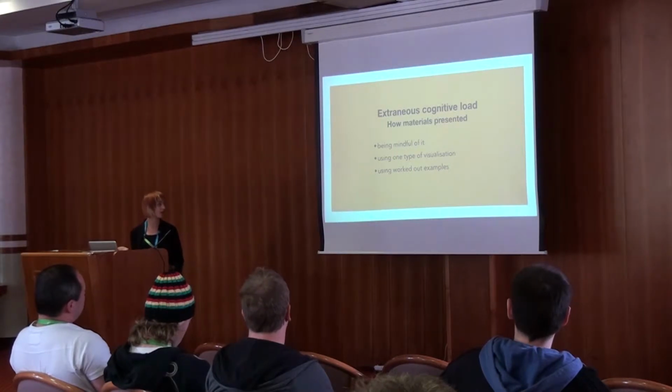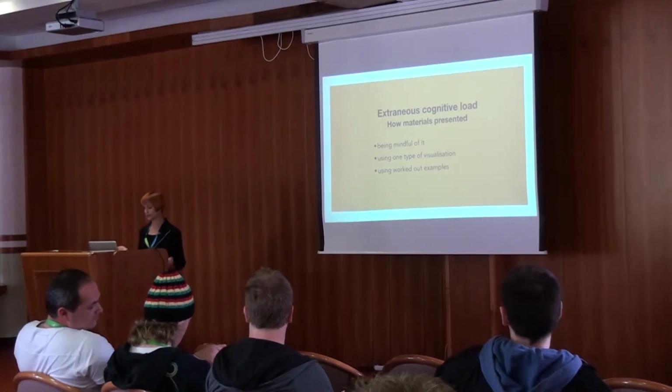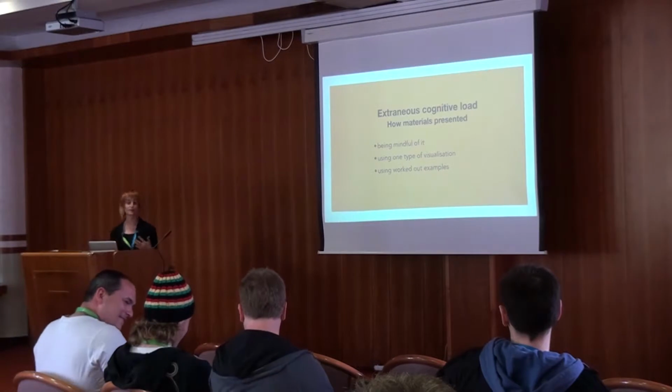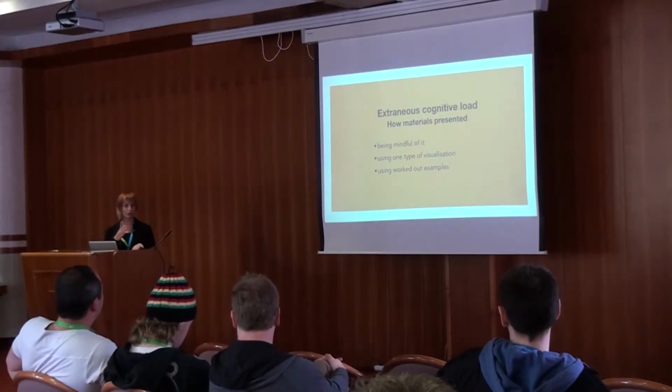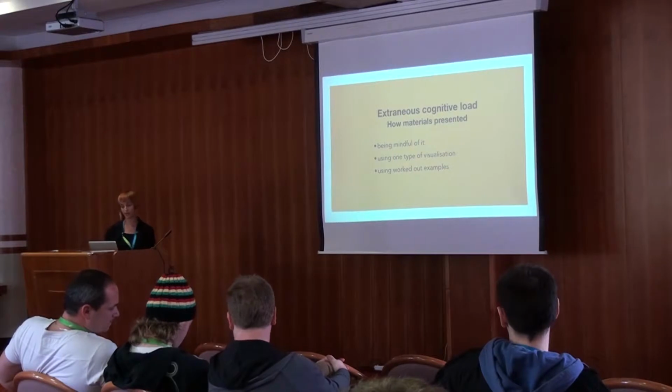For example, using one type of visualization, using diagrams only instead of diagrams and text beside them, or, the other way around, using worked-out examples for specific problems. So, for example, use specific examples for every specific step to make it understandable how it works.